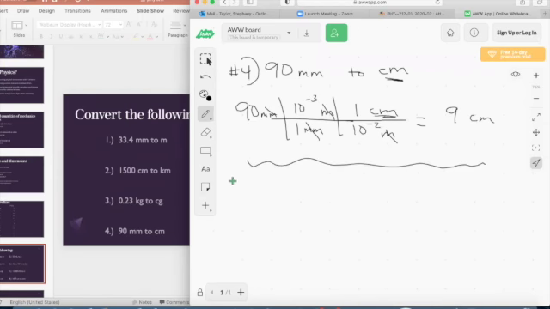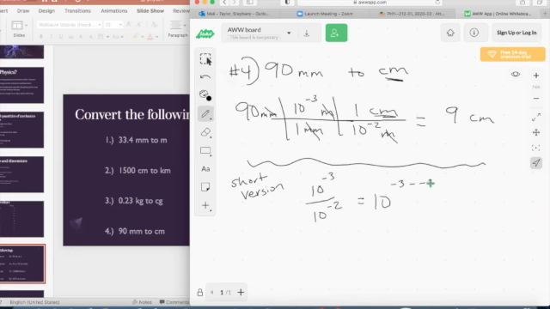Shorthand version. We have 10 to the minus third in the numerator, and 10 to the minus second in the denominator, which is going to be equal to 10, which is our base number. This is the power of tens that we're working with. We're going to have minus 3, the division sign is now turned into a minus, and then we have a minus 2 in the bottom.